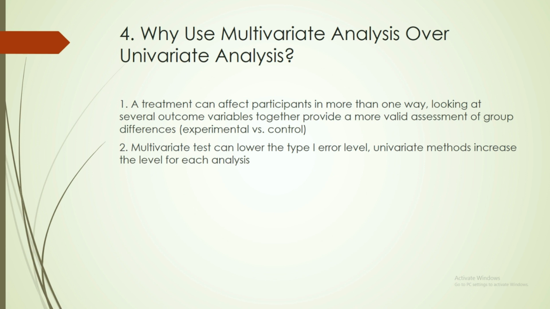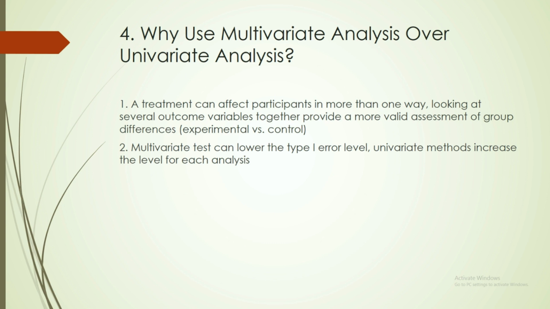But it seems like it can also be done with univariate analysis by comparing the variables for two different groups, one at a time. So multivariate analysis does seem to be a little bit more complicated. Why not just stick to what we know with the univariate analysis?